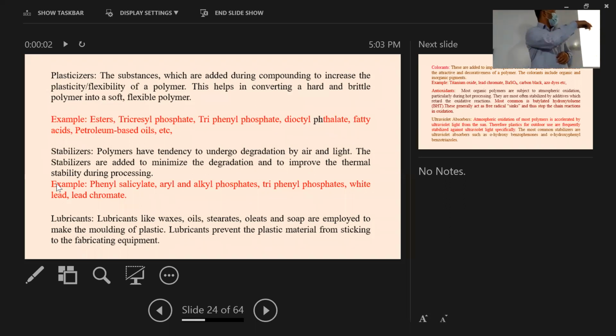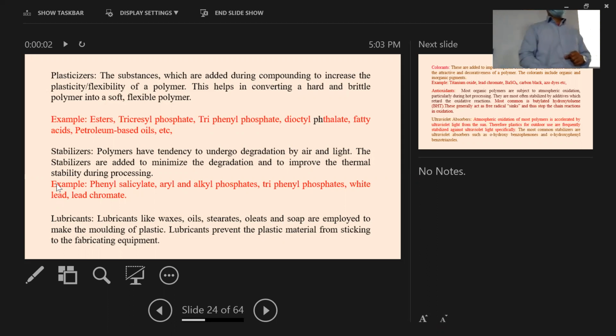If you add these types of materials in the polymeric substance, then it can have the capacity to have flexibility. As I mentioned in the last class, if you can understand the meaning of the word, then you can easily identify or understand what we are discussing.